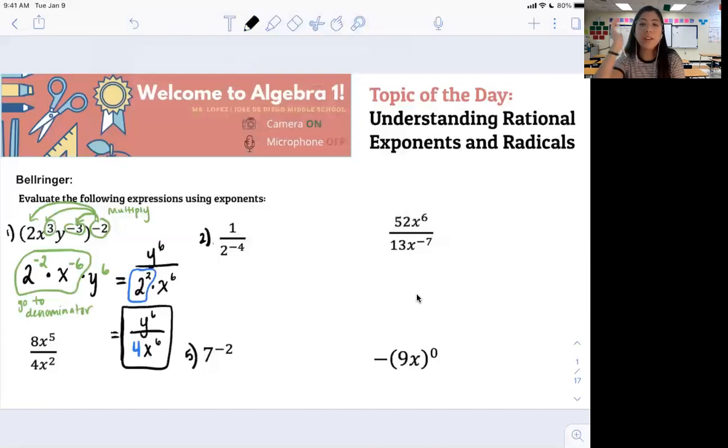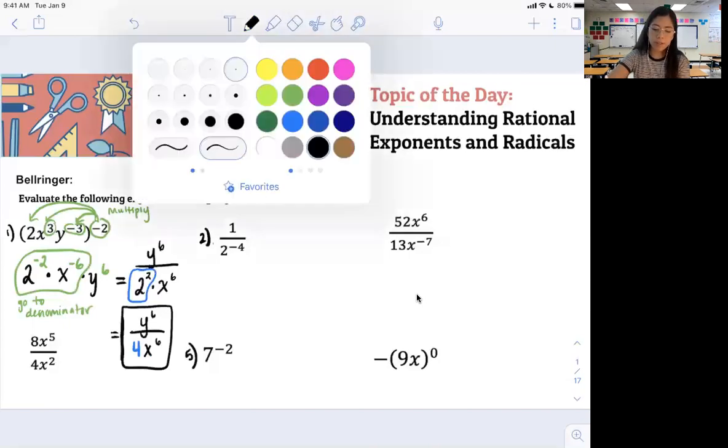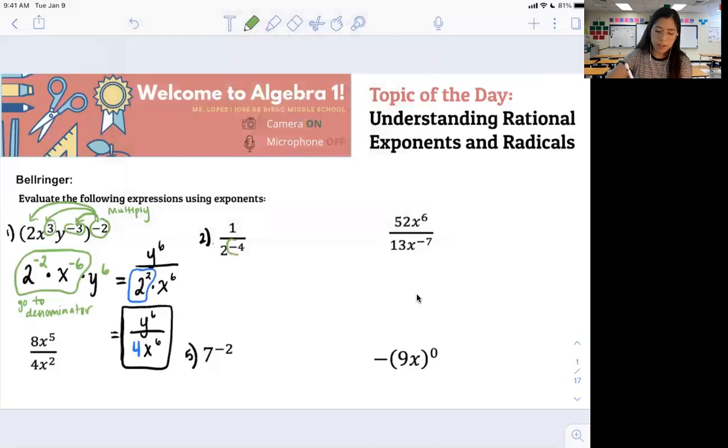Right. So usually you go down into the denominator, but what happens if you're already there? For example, here I have a negative exponent and it's already in the denominator. Where is that going to go? You said numerator. It flips, so it's a numerator. Yeah, you flip it. So now this whole thing can come up.